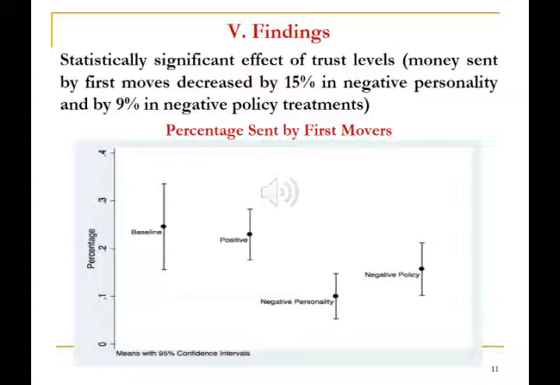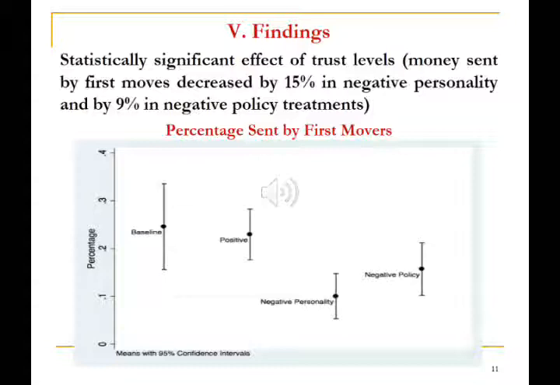We do observe some statistically significant effects on trust levels in the negative personality treatment. So subjects that watched the video that reported party A and party B attacking the personality of each other, the money sent by player A, or first movers, to player B was 15% lower than the control.